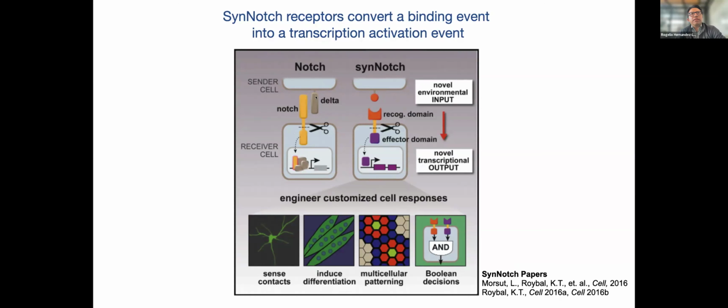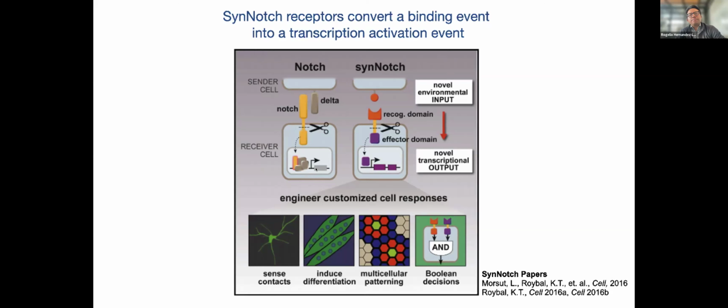When this binding event happens, there is a cleavage event of the intracellular portion of this receptor. These are proteins sitting on the membrane of cells, and the intracellular part of this receptor is a transcription factor, meaning it can traffic to the nucleus and start activation of a downstream program.